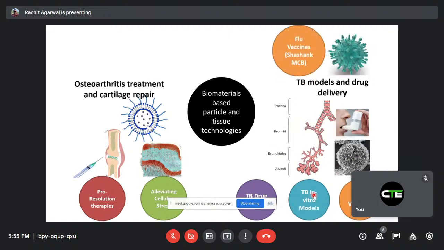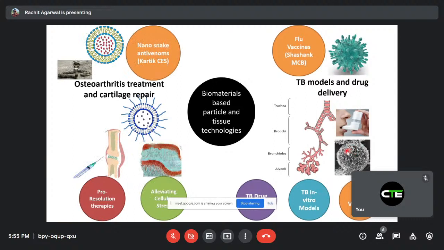Apart from that, the lab collaborates with other labs, and we also work on flu vaccines as well as developing snake antivenoms. But for today's talk, I will mostly focus on this part of the lab, which is looking at alleviating cellular stress.